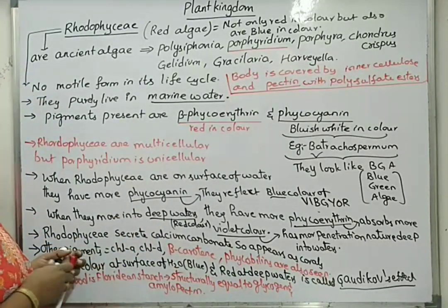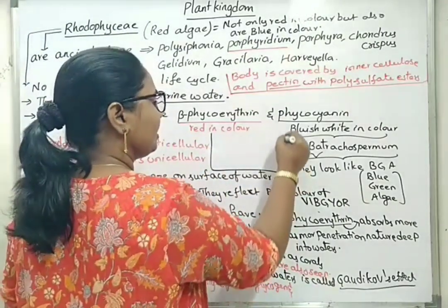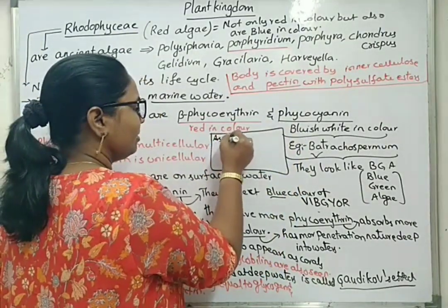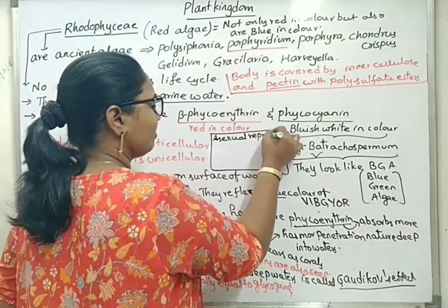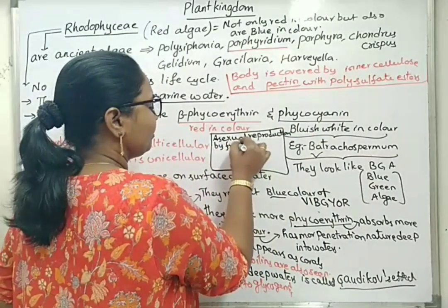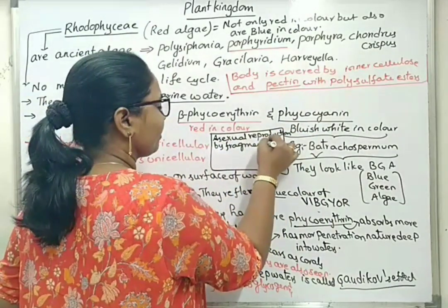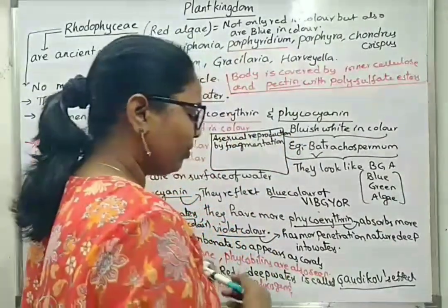Next, asexual reproduction is by fragmentation. Next, sexual reproduction is of oogamous type.